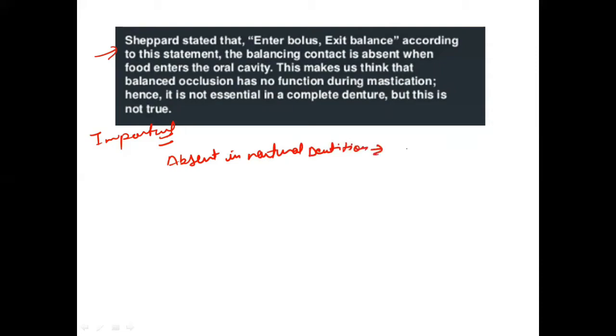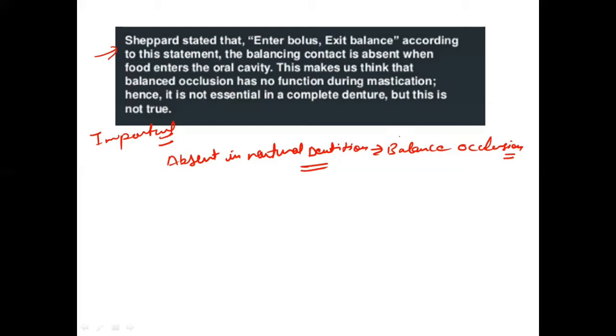You may get the question, okay? Absent in natural dentition, that is your balanced occlusion. So absence of occlusal balance will result in leverage of the denture. So it must be included in the denture to stabilize it, to retain it.